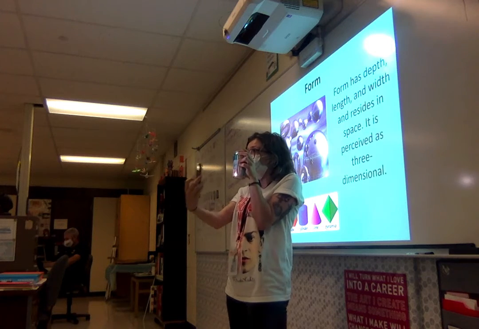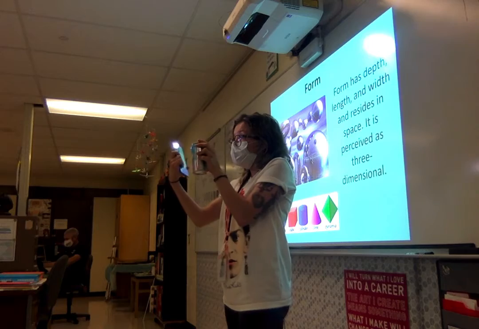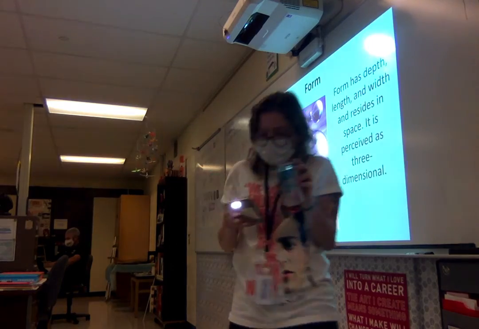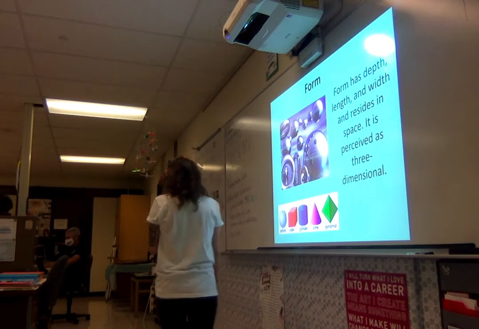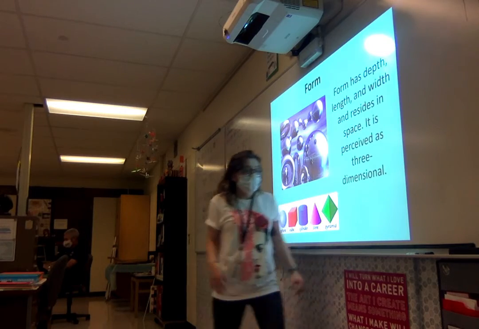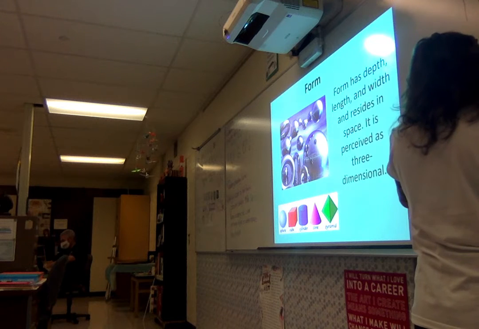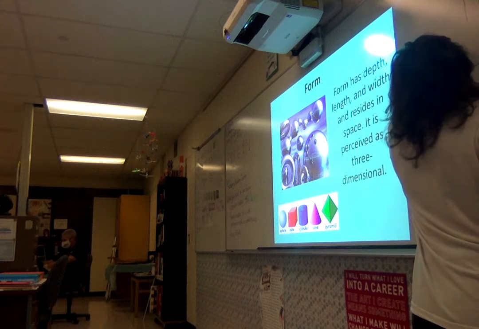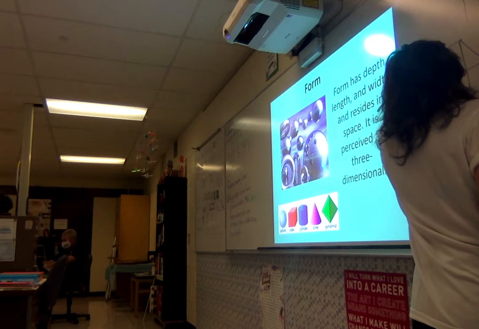A vertical line is going to be the brightest part. And then as we get closer and closer to the edge, that's going to get darker. So again, I drew these pretty small, but we have a cube, a cylinder, and a pyramid. And what I'm going to do is demonstrate what the cube would look like.